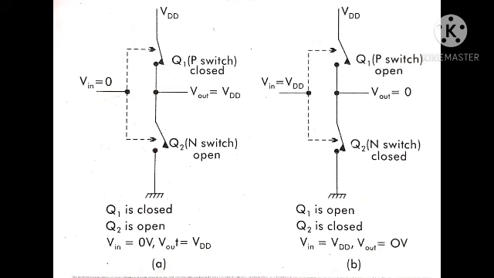Here the opposite thing is happening, that is when the equivalent switch of transistor Q2 is closed, which signifies that Q2 is in the on state and Q1 is in the off state. So at this state the output voltage will be equal to 0 volt when the input voltage is equal to plus VDD.